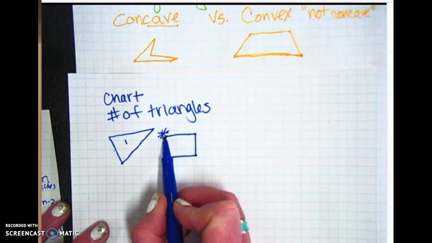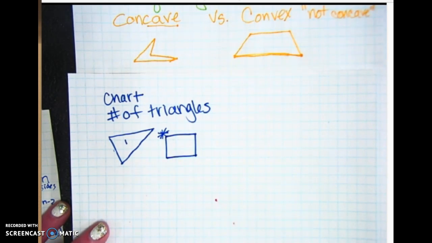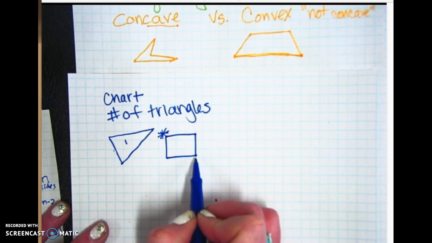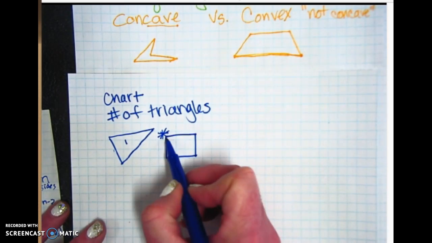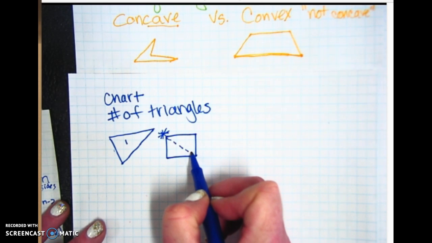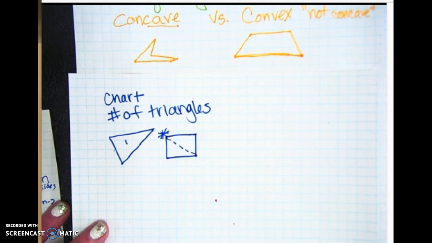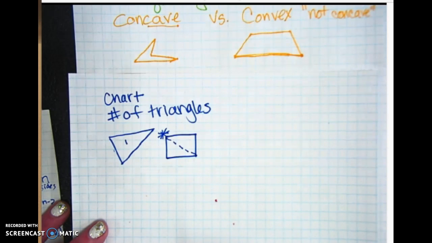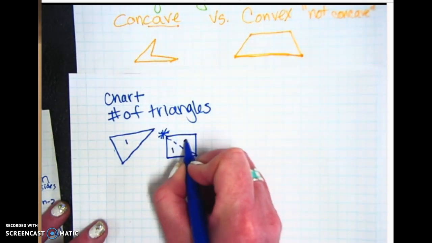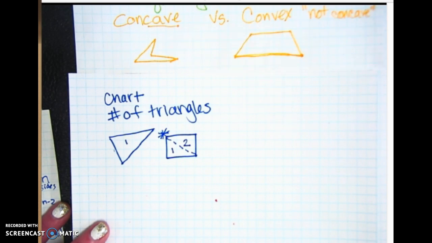Can I draw a diagonal from this corner to this corner? No. Can I draw a diagonal from this corner to this corner? Yes. So I'm going to dash it in. And that separates my quadrilateral into how many triangles? 2. I have 1, 2 triangles. So a quadrilateral has 2 triangles inside of it.